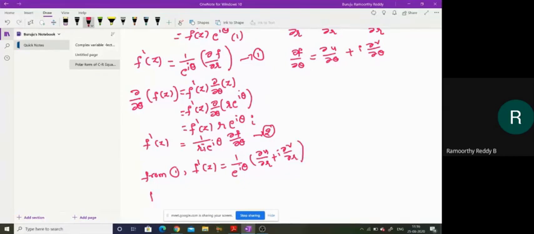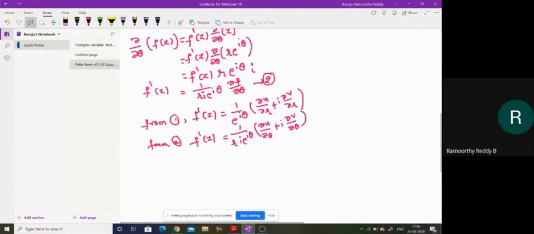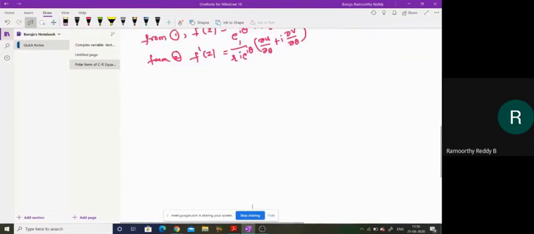Now from 2, f dash of z equals 1 by r i e^{iθ} ∂f/∂θ, and ∂f/∂θ is ∂u/∂θ plus i times ∂v/∂θ. Right? So these two are equal, so you equate them. So what you get is 3.